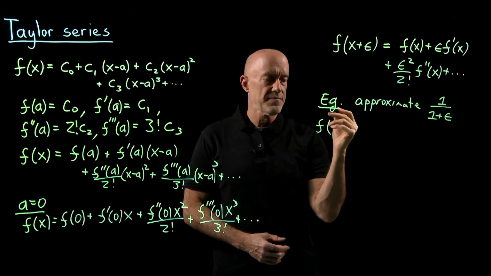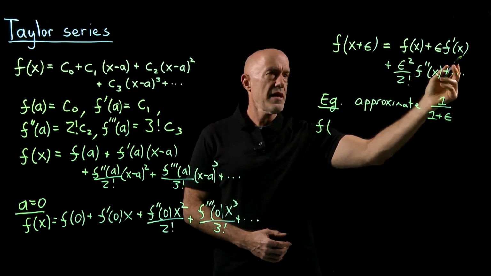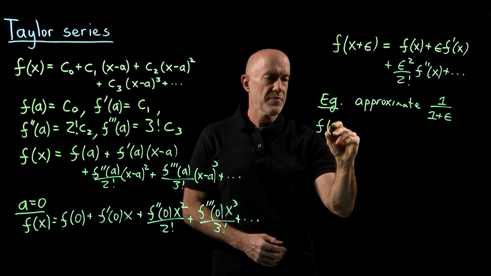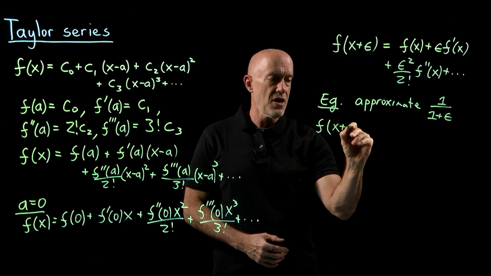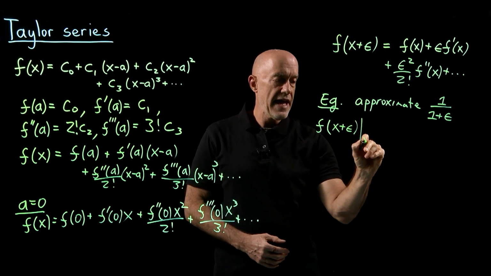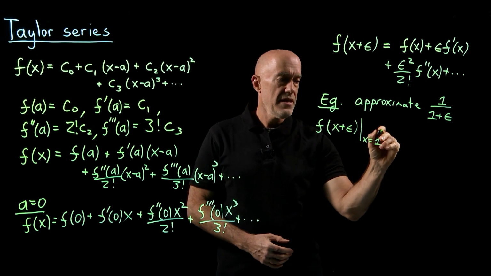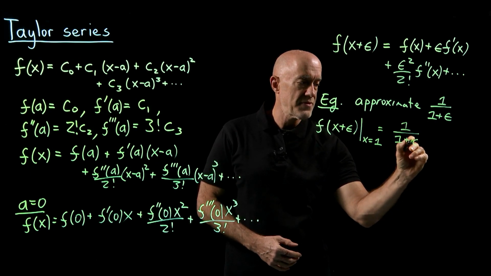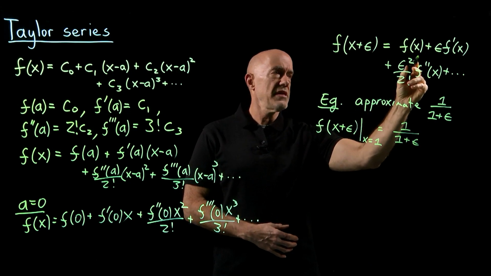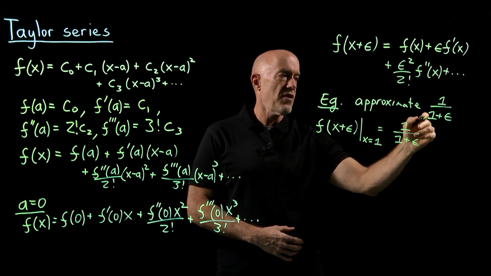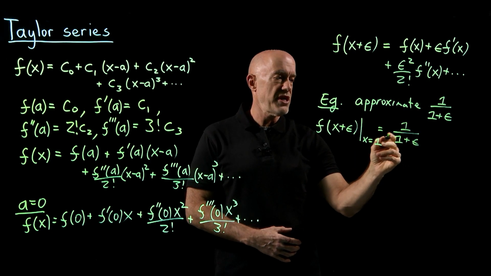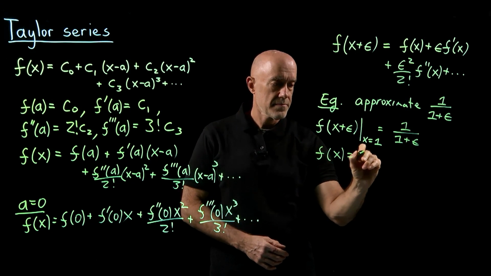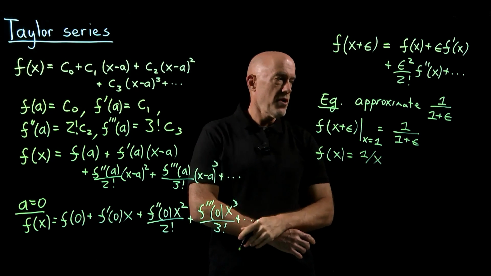So here x is 1. So f of x plus epsilon at x equals 1 is equal to our 1 over 1 plus epsilon. So then we need to know what f of x is. So f of x is just 1 over x. Right?